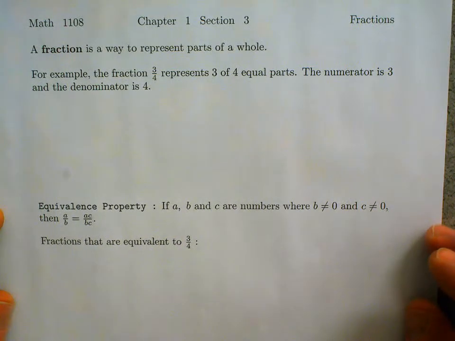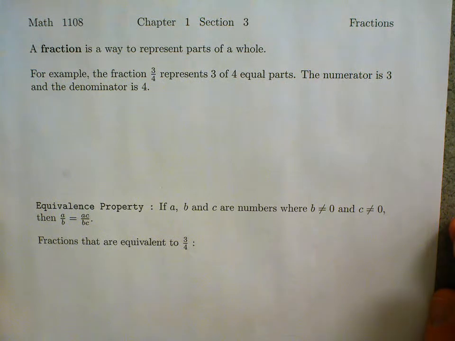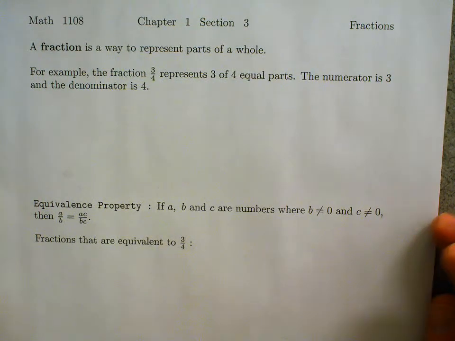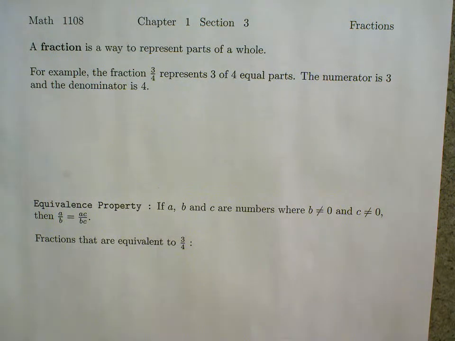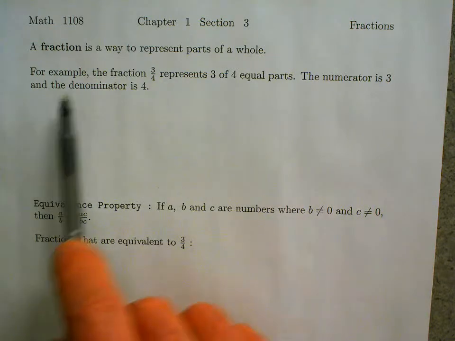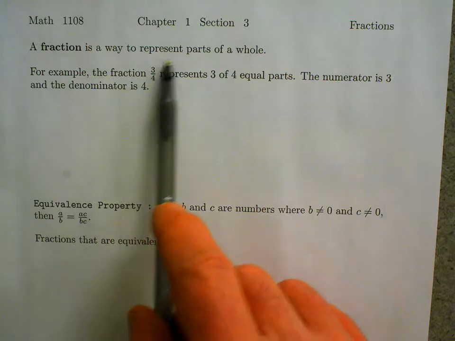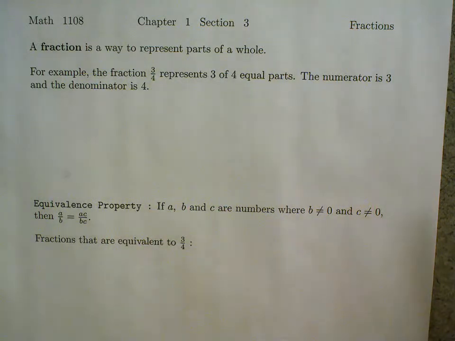Okay, in section 1.3, this is considered review material. This class, the section P classes, have quite a bit of review material in it, and this is part of that. A fraction is a way to represent parts of a whole.